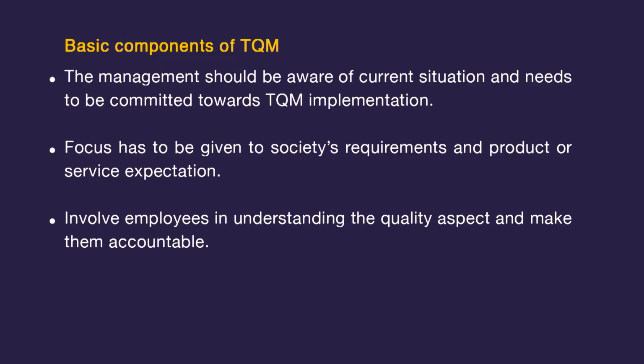First, the management should be aware of the current situation and needs to be committed towards TQM implementation. Second, focus has to be given to society's requirements and product or service expectation. Third, involve employees in understanding the quality aspect and make them accountable.